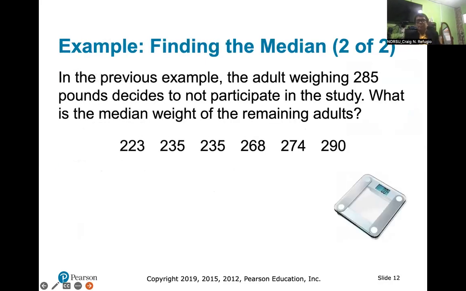In the previous example, the adult weighing 285 pounds decides not to participate in the study. So what is the median weight of the remaining adults? So we have now 223, 235, 235, 268, then 274.